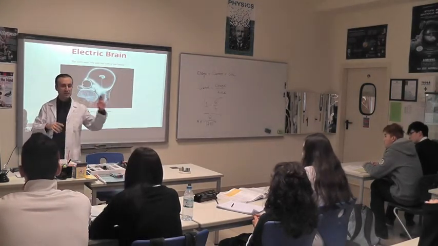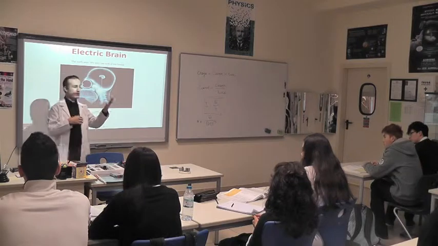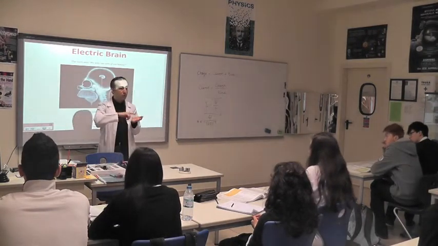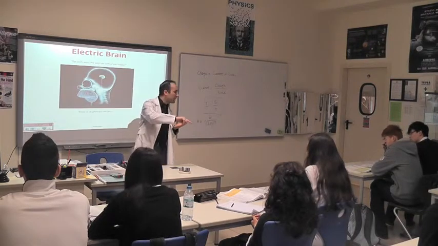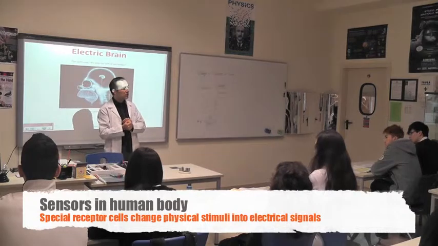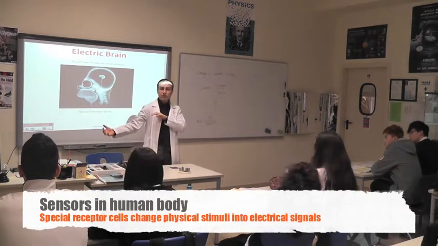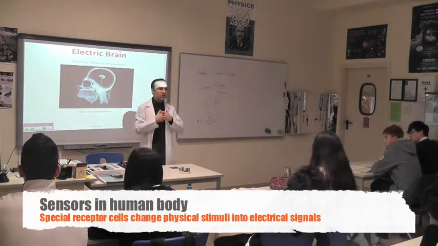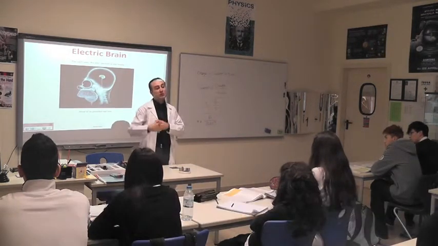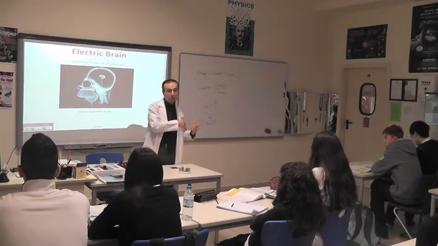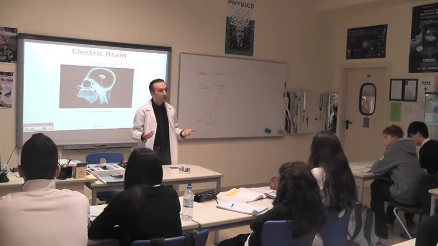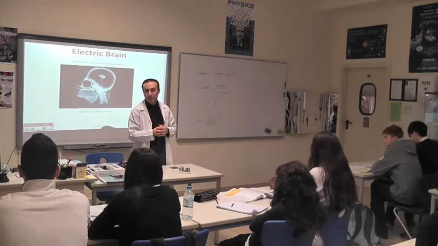There were different sensors under your skin, for pressure, for hot, for cold, for pain receptors. We have different sensors which take a physical stimulus from the outside world and change it into what? Into electrical pulses, into electrical signals, right?